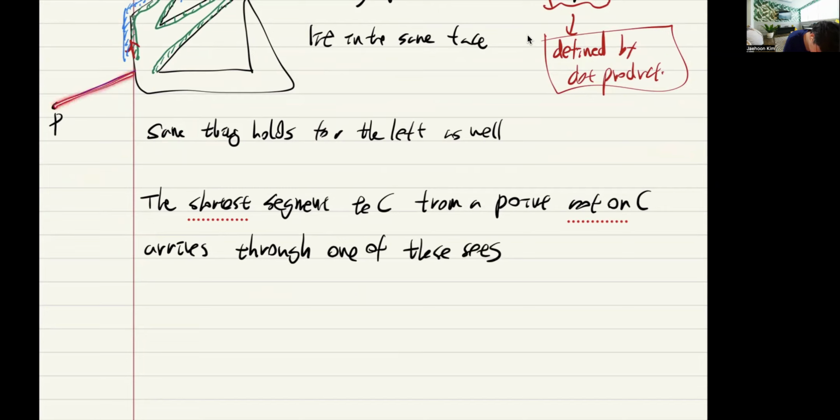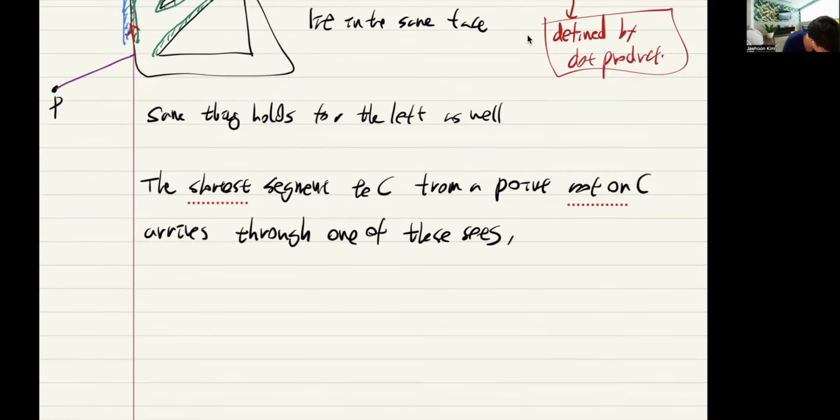So this arrives at the blue part first and then hits C. From here, it hits the green part first and then hits C. So that means that you can find the curve from this point to C, and then you stop it right before, then from this point to one of these blue points, so that it doesn't intersect with C.